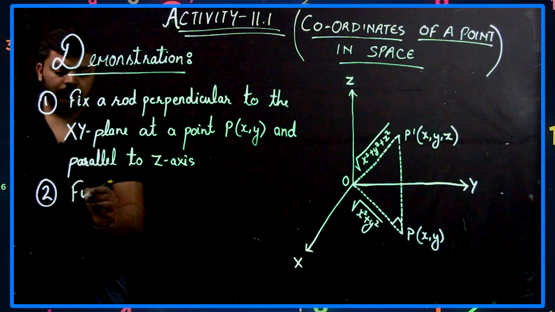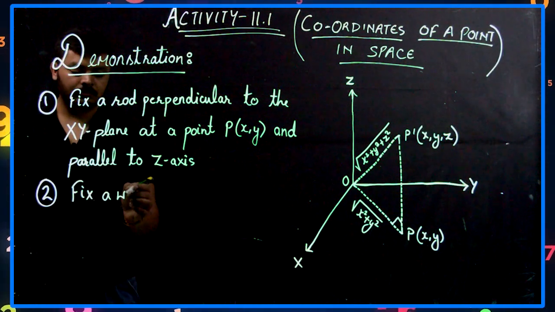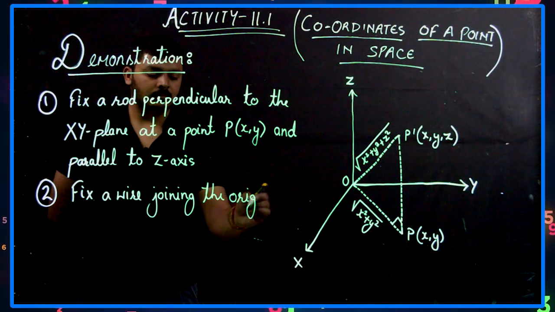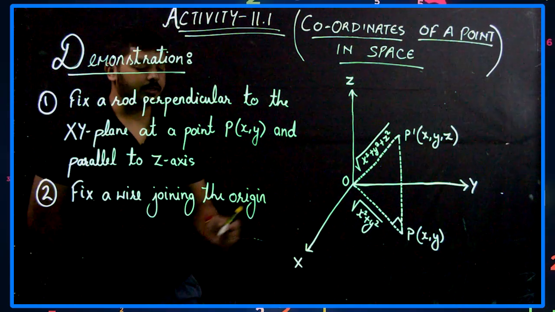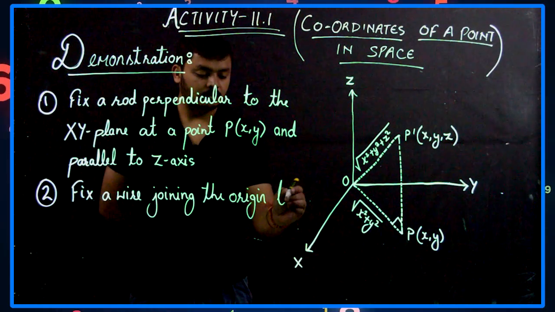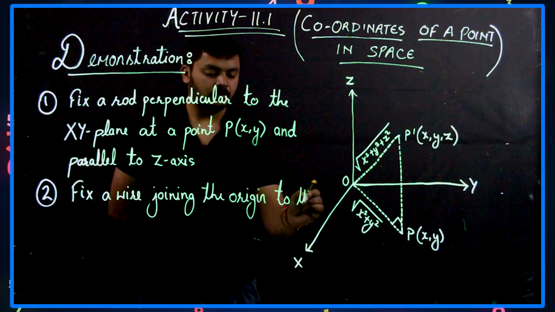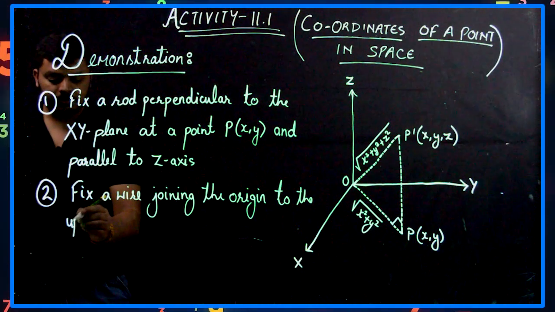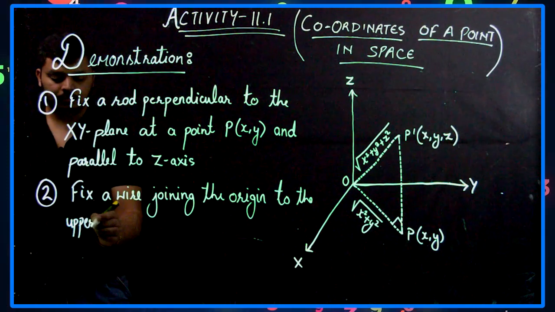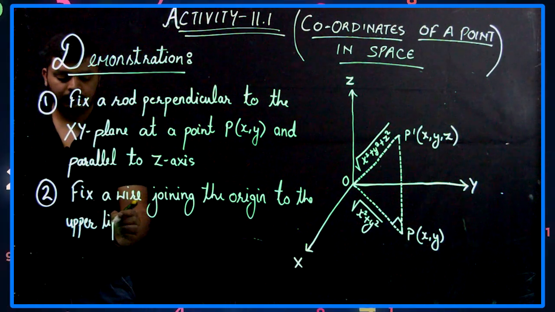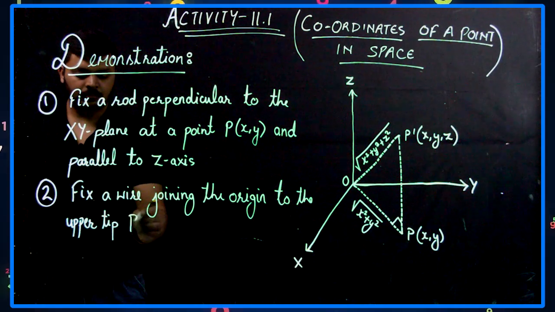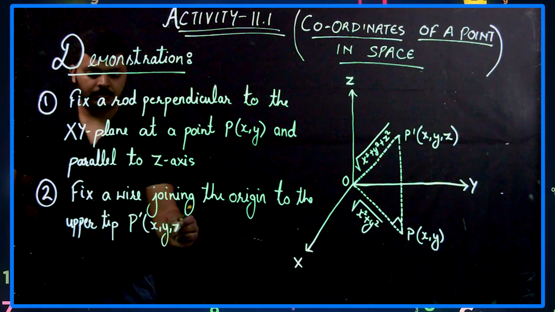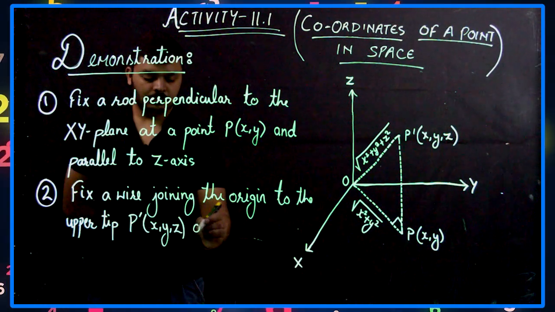Now fix a wire joining the origin to the upper tip P dash of the rod.